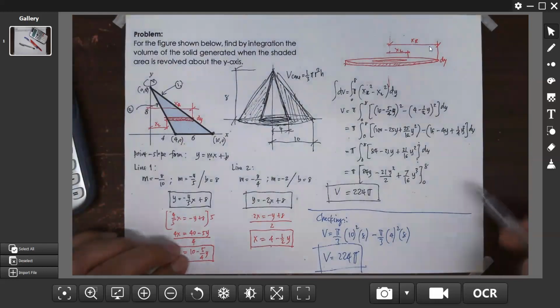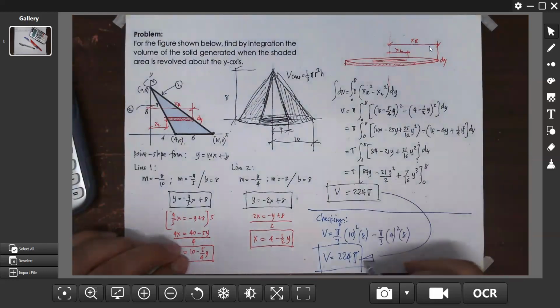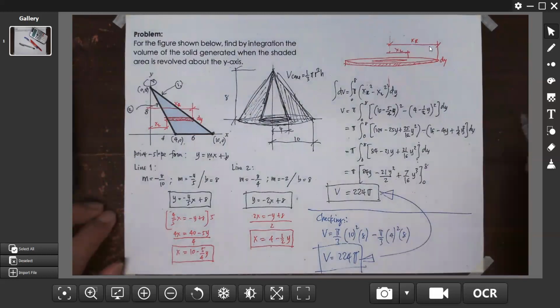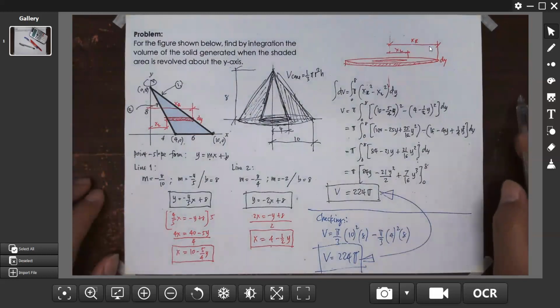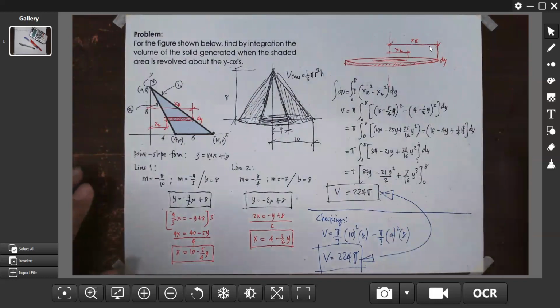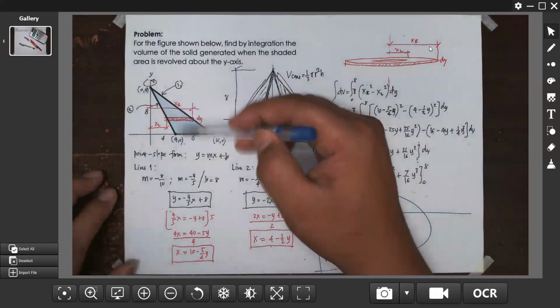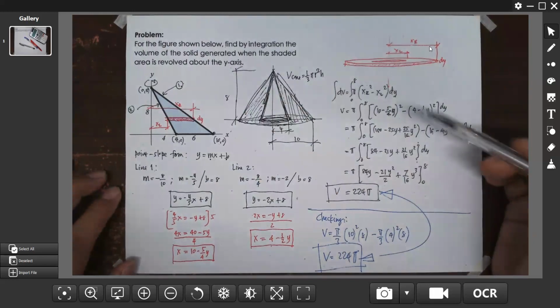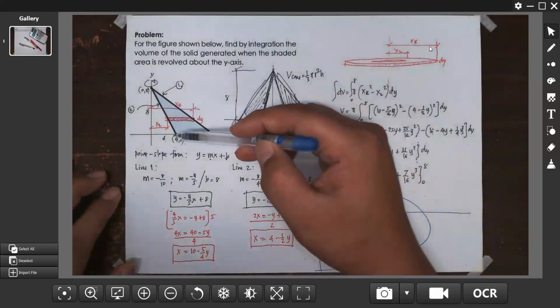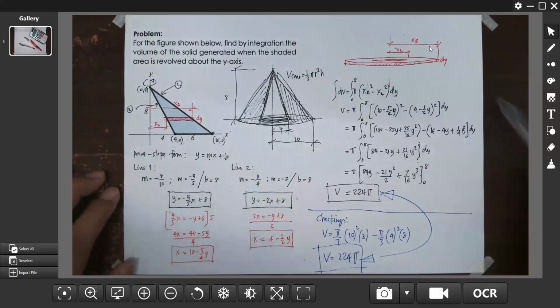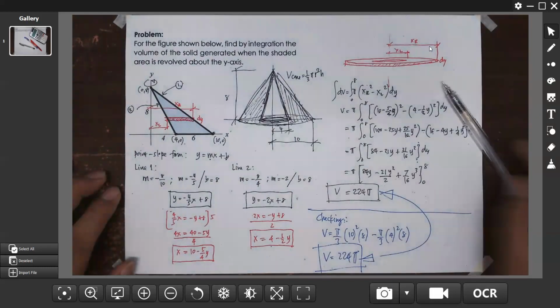So they are equal. If you want to check further, you can analyze a vertical strip. Just split the area into two, and then analyze two vertical rectangular strips.